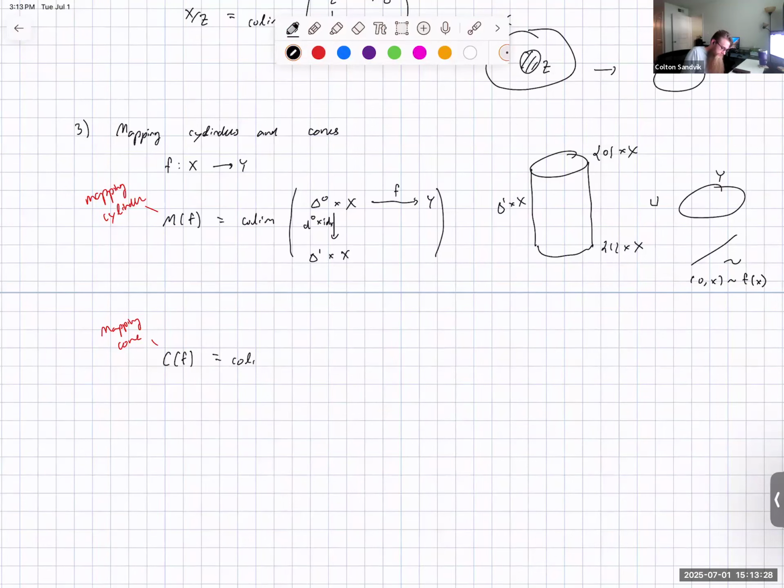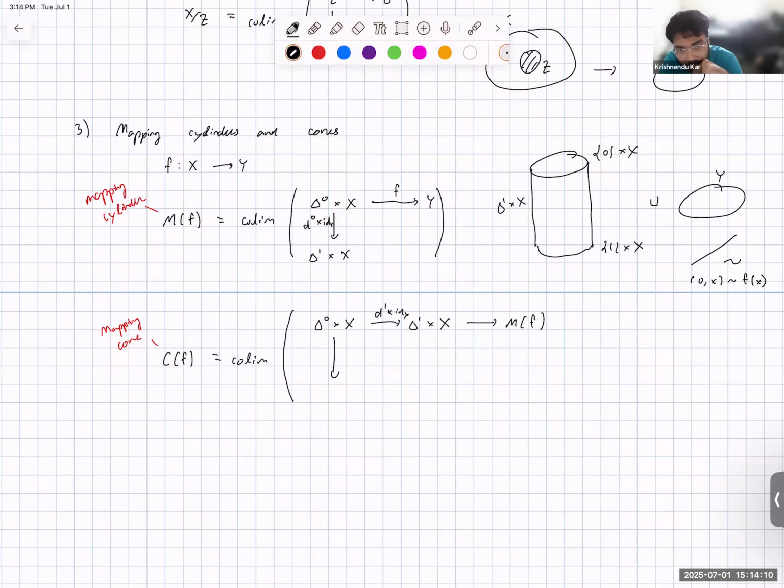You can describe it in a few different ways. I think it's kind of fun to describe this using the mapping cylinder. What we want to do is crush the top to just a point. So we have delta 0 cross X going into delta 1 cross X, and there's a natural, or a universal, map that goes into the mapping cylinder. And I want this to be d1 now.